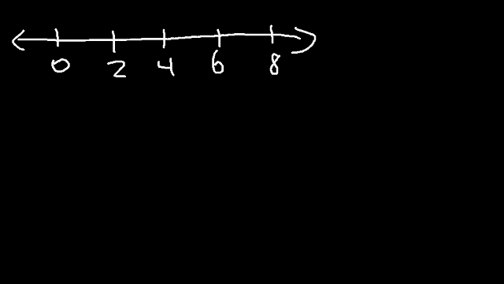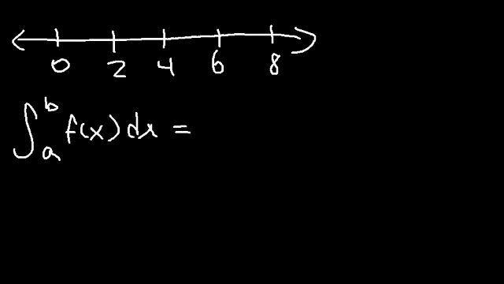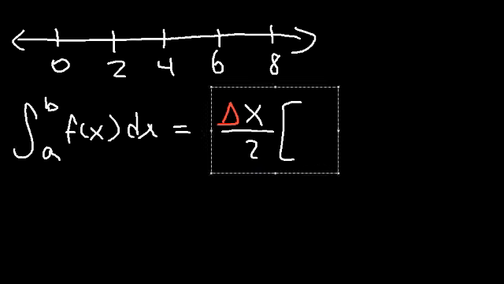But for the trapezoidal rule, we're going to use all 5 points. But let me go over the equation. So the definite integral from a to b f of x dx can be approximated using the trapezoidal rule. It's going to be delta x divided by 2 times, and I should probably put this somewhere else. I'm going to need more space.